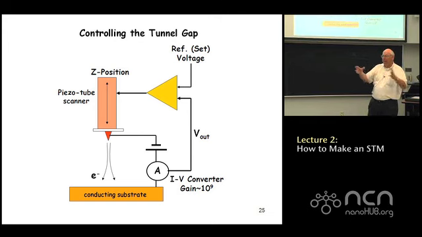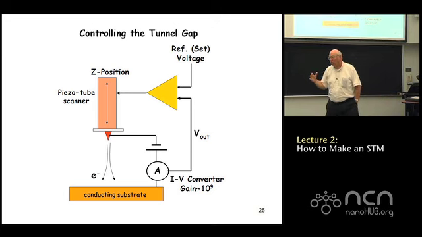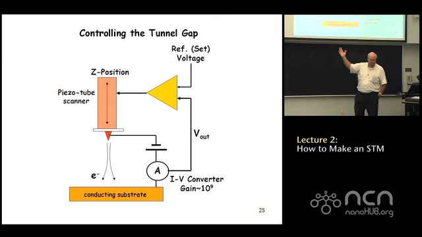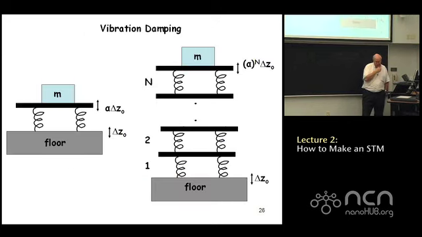All right, so every scanning tunneling microscope has this embedded in it somewhere. And the trick is to make the feedback circuit as fast and accurate as possible, so that if there's a sudden change in tunnel current, you want to accurately adjust the tip so as to compensate for that change in tunnel current, right? Same thing will happen in AFM, except in AFM we're going to be monitoring deflections of cantilevers. And we need a slightly different feedback circuit, but it's the same principle.